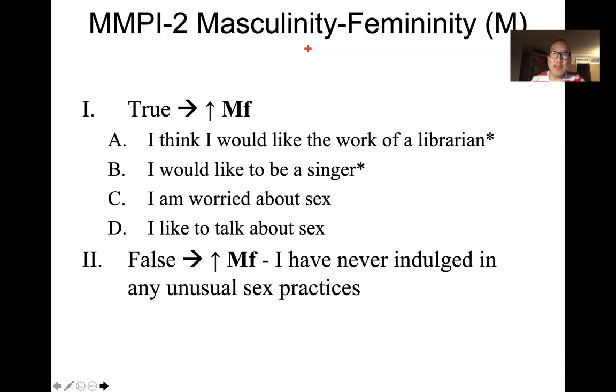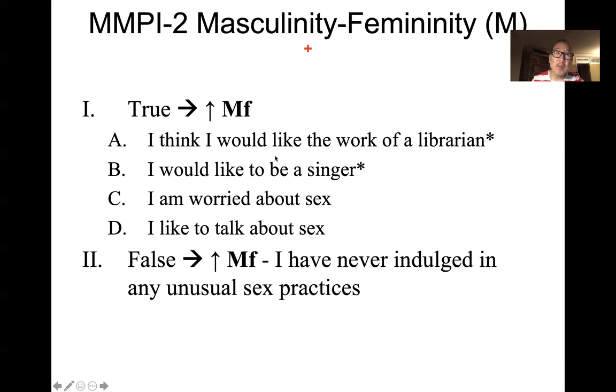We'll pass on the masculinity-femininity scale, but ultimately, if you endorse true or false on these items, if you're a male, it will increase your score on the masculinity-femininity scale, meaning that you're endorsing more stereotypical male behaviors.